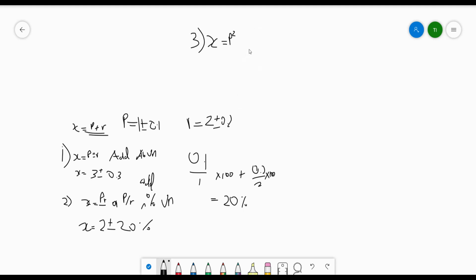So for example, p is 1, so p square would be 1, and the percentage uncertainty of p is 10%. So 10 times the power, so 10 times 2, which would give you a 20% uncertainty.